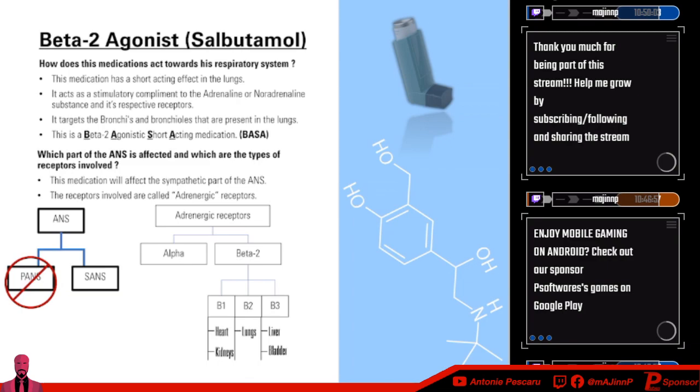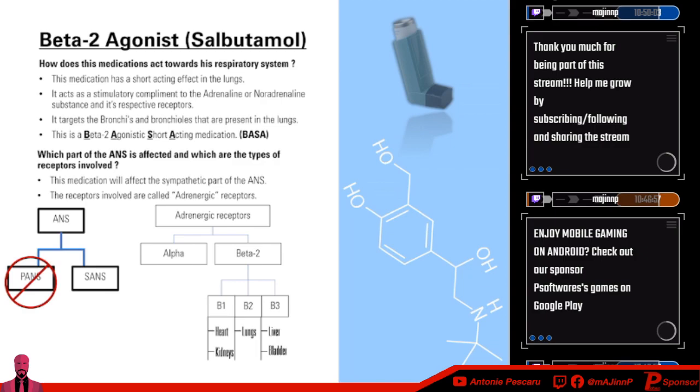So, this medication will act as a stimulatory complement to adrenaline or noradrenaline, or again, for you Americans out there watching, epinephrine or norepinephrine, and its respective receptors. We're going to get to the respective receptor shortly.